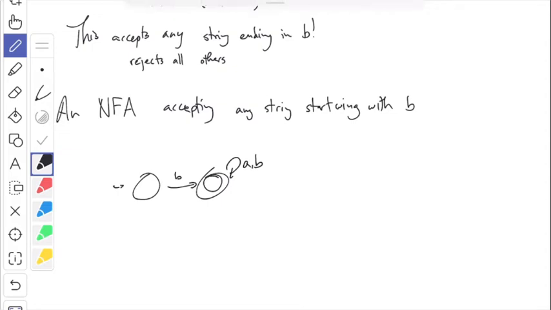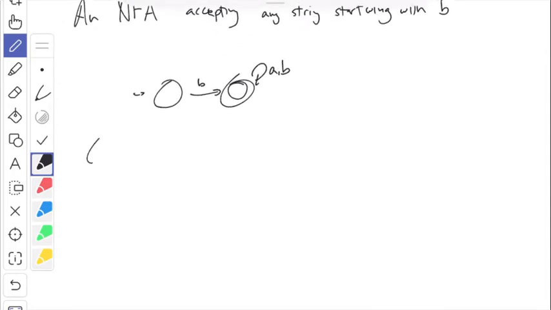Generally speaking, an NFA can be smaller than a DFA which does the same thing. So often an NFA is simpler. By simpler, I mean it uses fewer states than an equivalent DFA.